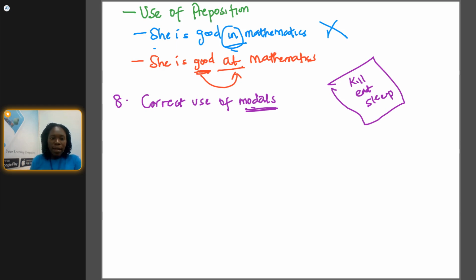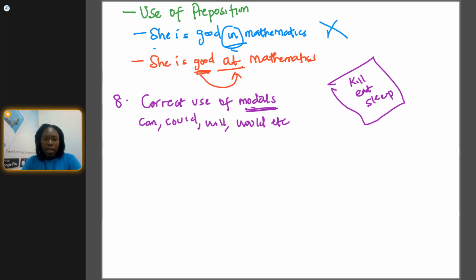This is where you can find can, could, will, would, etc. You need to understand the correct usage of these modals for you to be correct with your sentences.